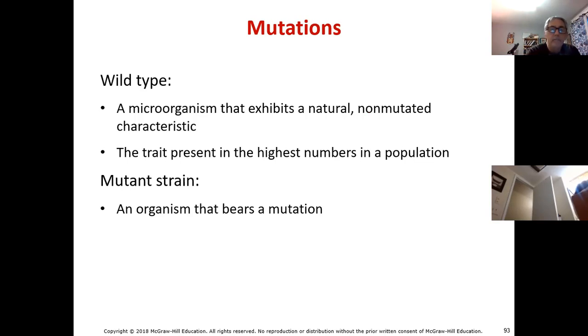Eventually, this wild type could be replaced by a mutant strain. In other words, there's been a genetic change. The mutant strain might have a selective advantage over the wild type, and the mutant strain then becomes the dominant organism.